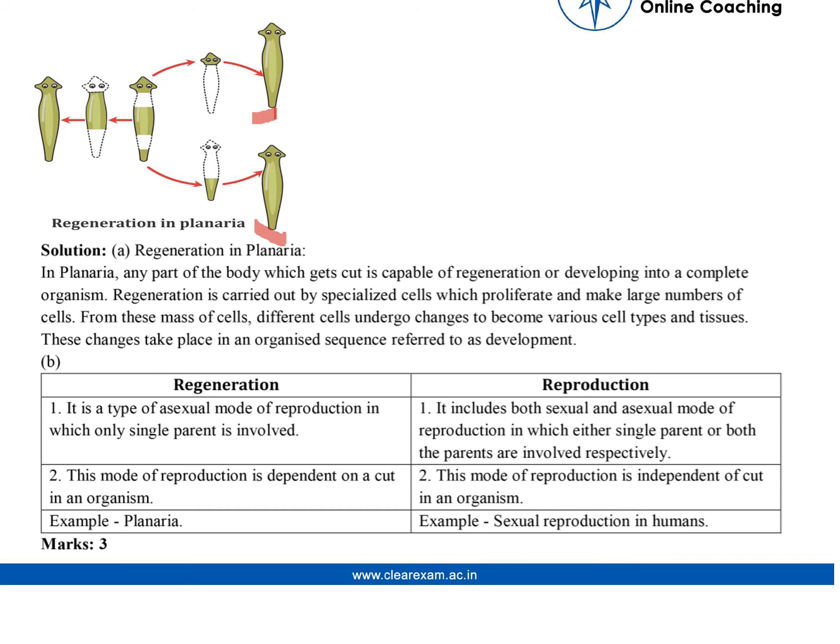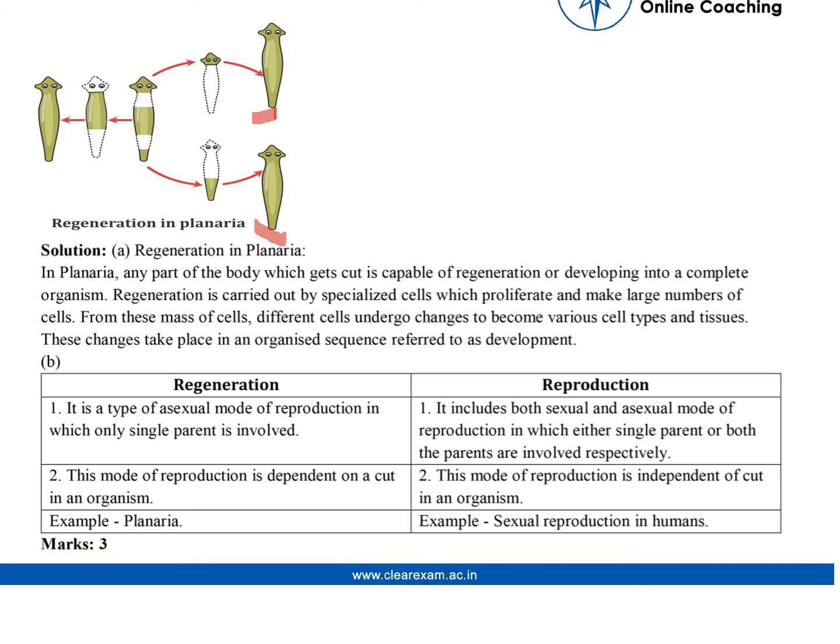Regeneration is also carried out by specialized cells which proliferate and make a large number of cells. From this mass of cells, different cells undergo change to become various cell types and tissues. These changes take place in an organized sequence referred to as development.